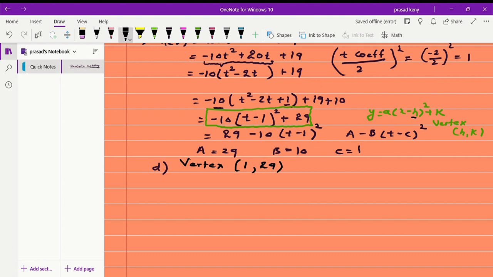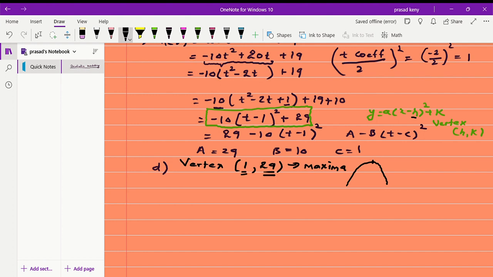Secondly, here the t square coefficient is negative, negative 10. That means your parabolic graph is opening downwards. So it has a maxima. So this vertex is a maxima here. And keep it in mind here that the y coordinate is the height, x coordinate is the time.